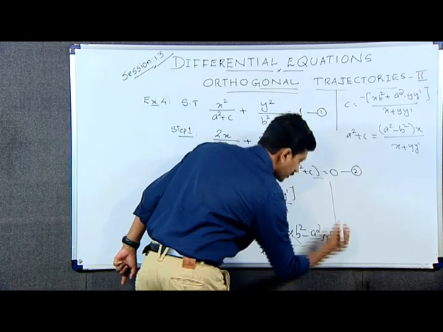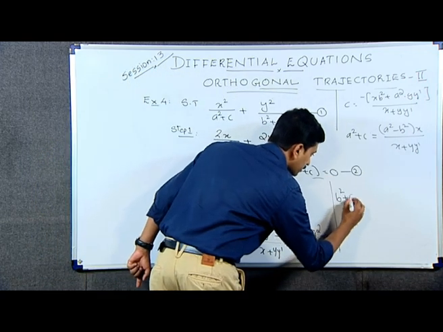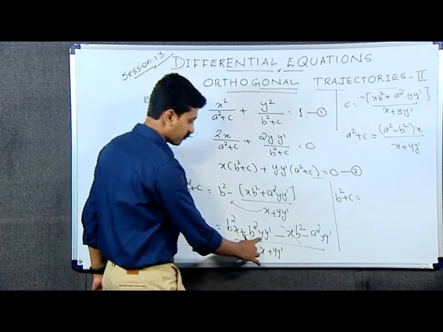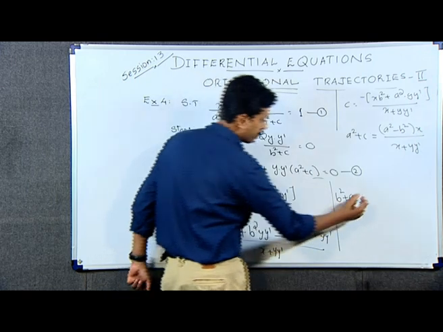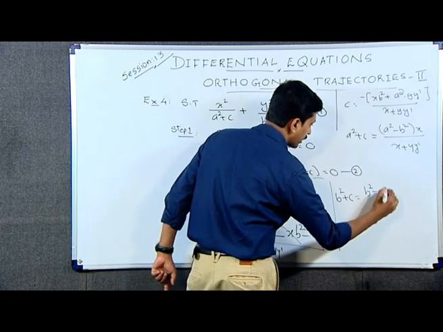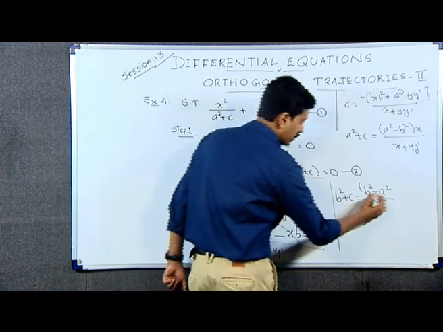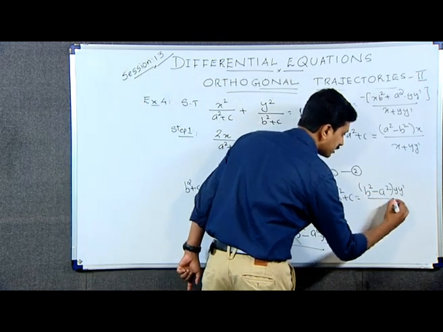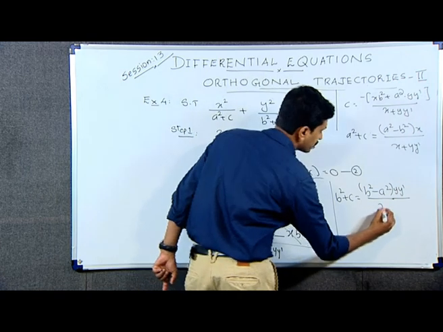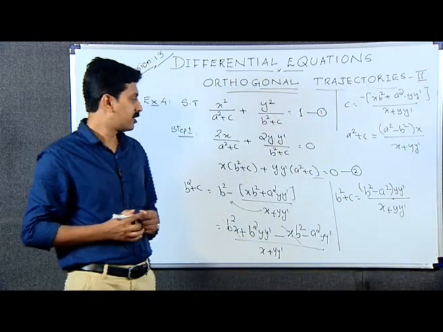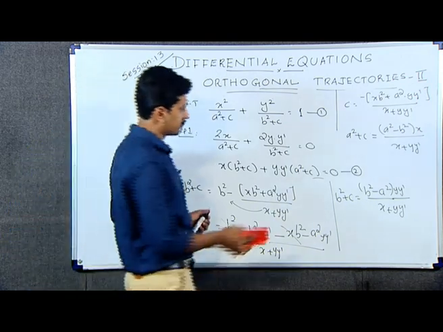So, b square plus c, we will have b square plus c is equal to, this y y dash is common here. So, b square minus a square divided by, into y y dash divided by x plus y y dash. So, we found b square plus c also.